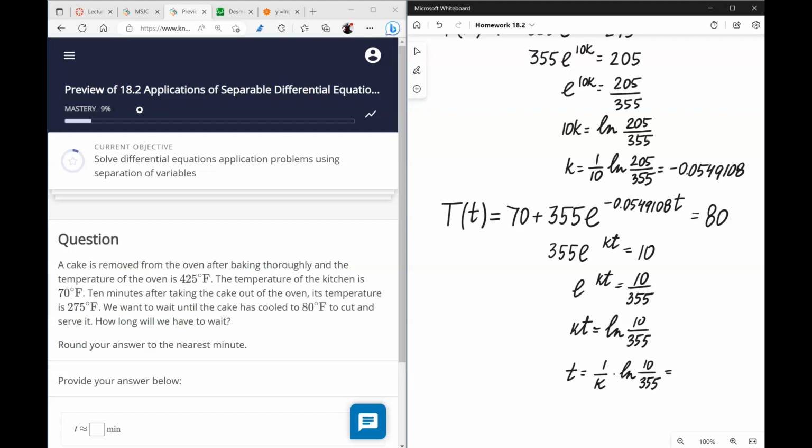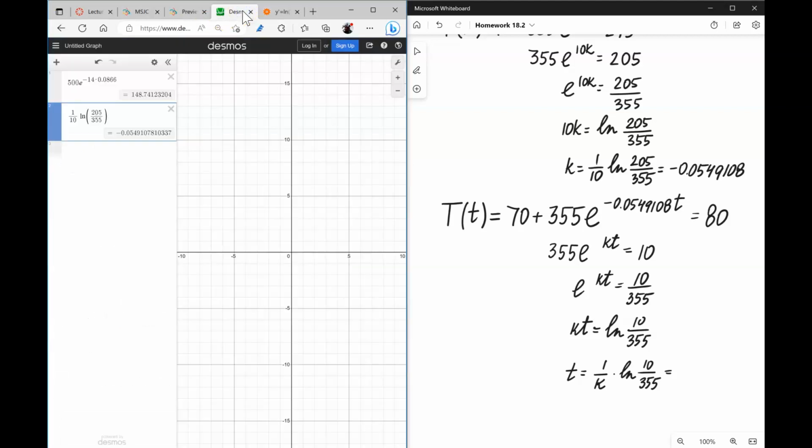And actually, this we can just put in a calculator now, right? So this is my k, and my t is equal to 1 over k times ln of 10 over 355. And it looks like the answer is quite nice. So it's 65.001006, and it's in minutes, I assume.